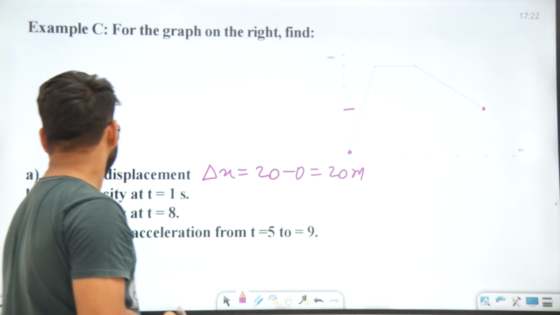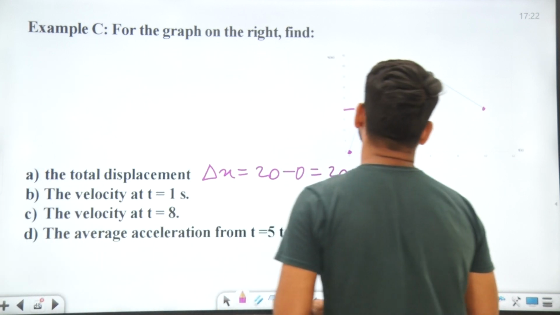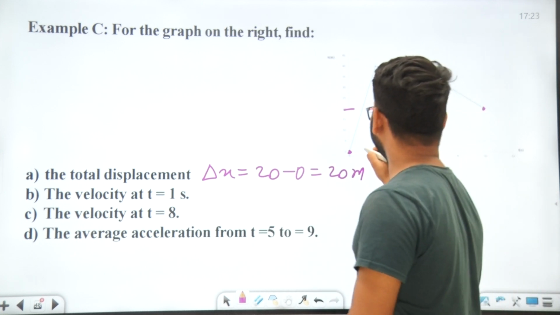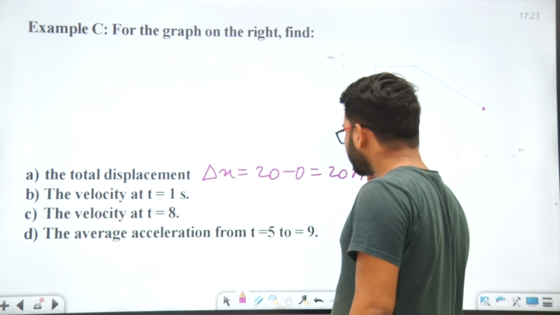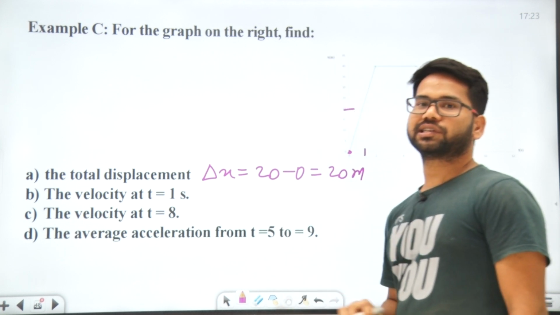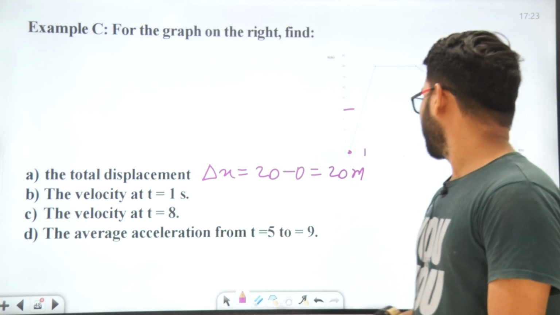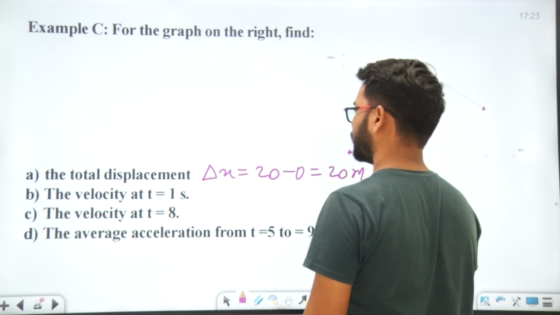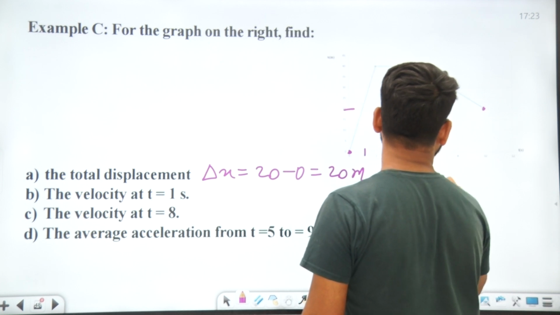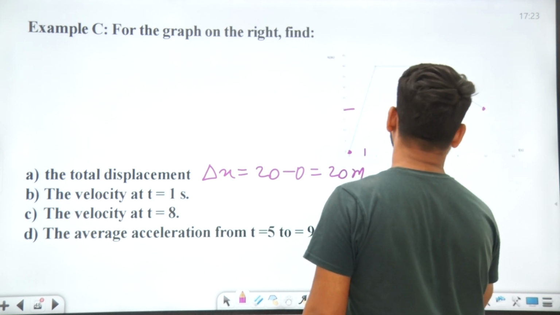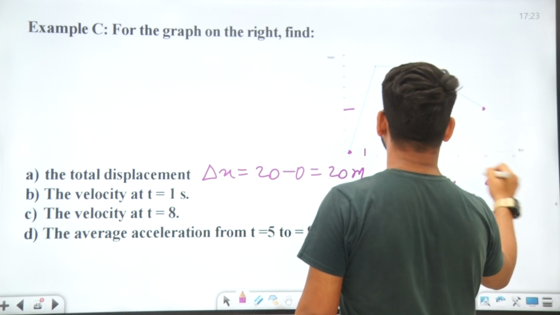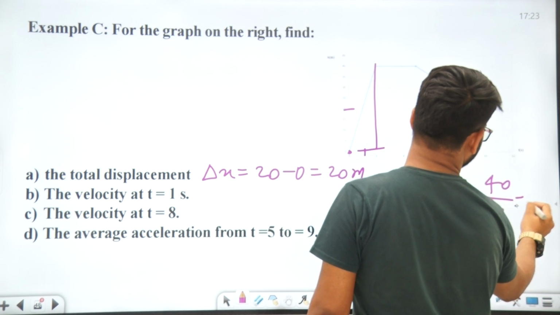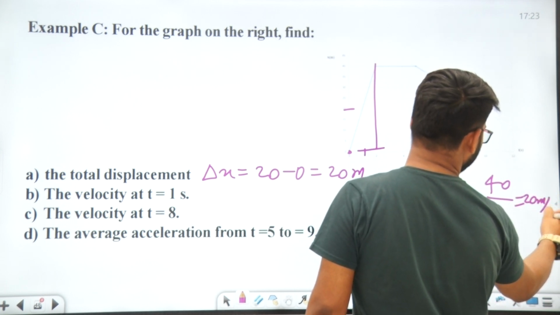Now go for B, the velocity at t equals 1 second. t equals 1 second is somewhere here, and for 0 to 2 seconds, velocity will be constant, right? So we can take the slope, change in position over change in time. So 40 over 2, we got 20 meter per second.